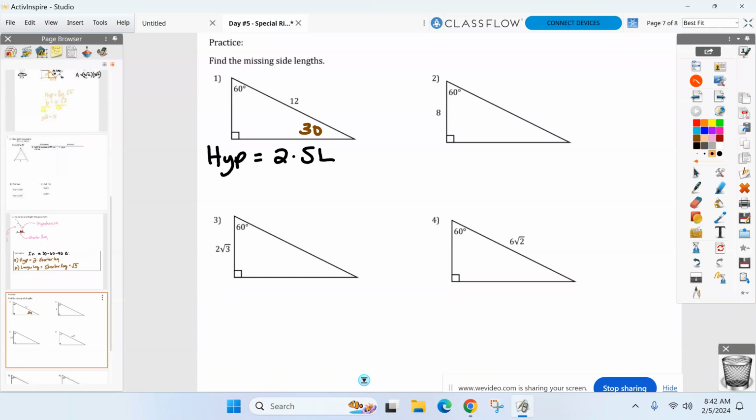So whatever you're given, write the rule. Now substitute. 12 substituted in for the hypotenuse, and now we have enough information to tell me what the shorter leg is. So hopefully you can solve that for the shorter leg. If you want to put an X or a Y instead of SL, go ahead.